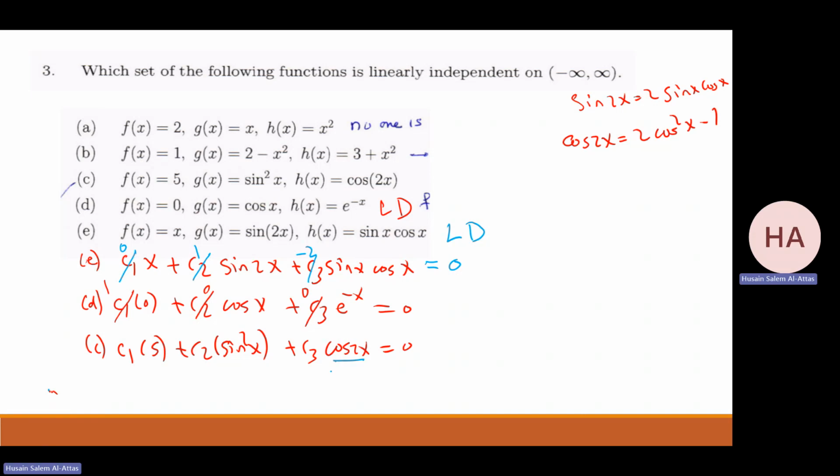So this is 2 cosine squared minus 1. No, sorry, I need this with the sine, not with the cosine. So I need 1 minus 2 sine squared x. Okay.